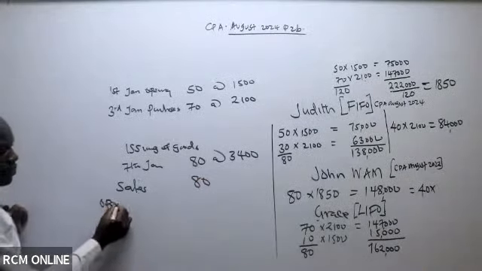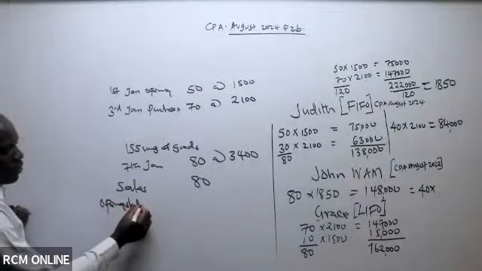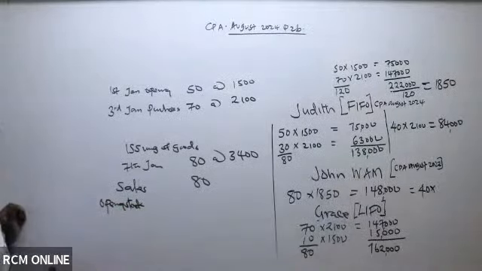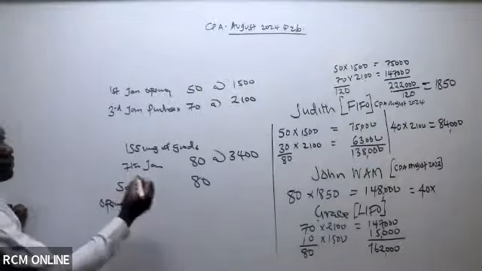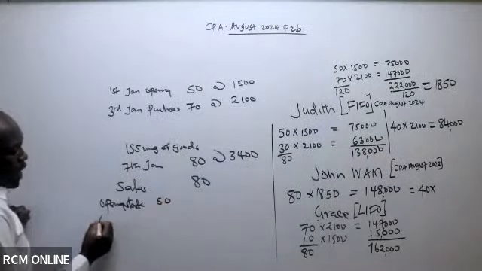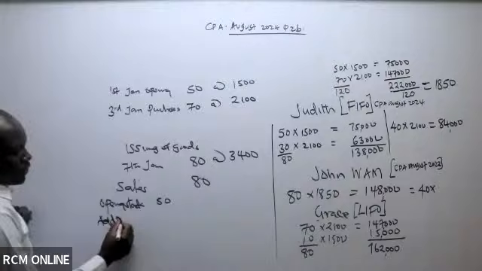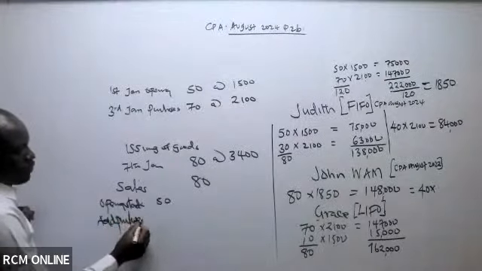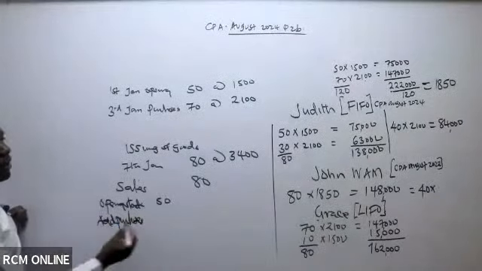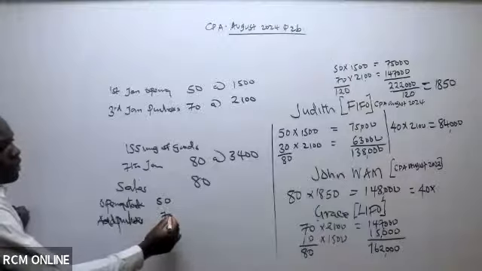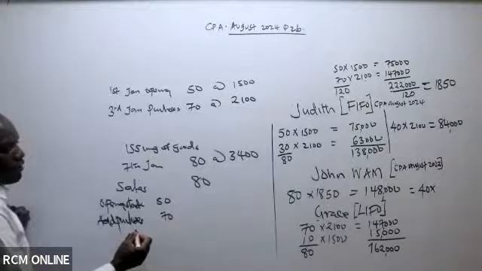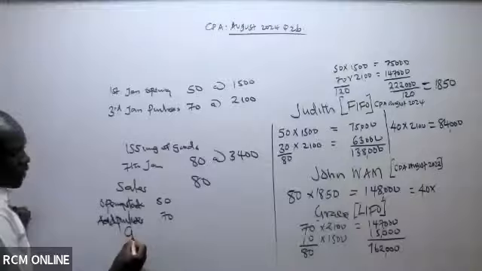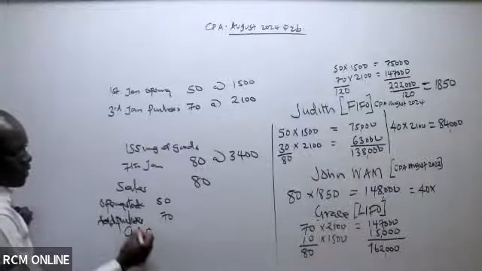Opening stock. Do we have opening stock? Yes, 50. Then we add purchases. Let me pick it from this point. How many units were purchased? 70, right? So this will give us goods available for sale.